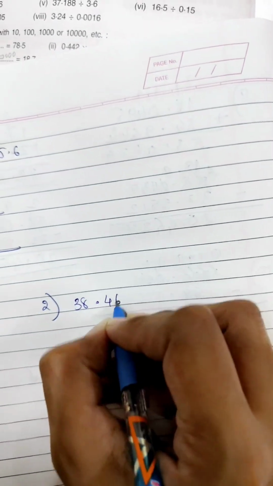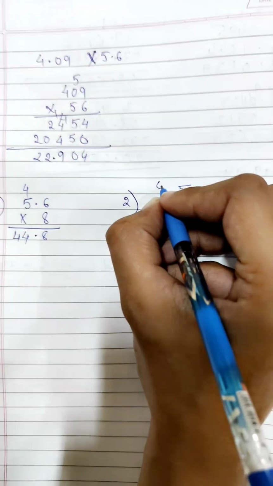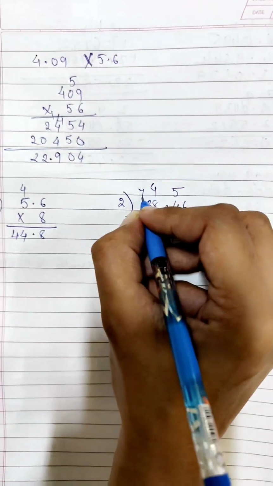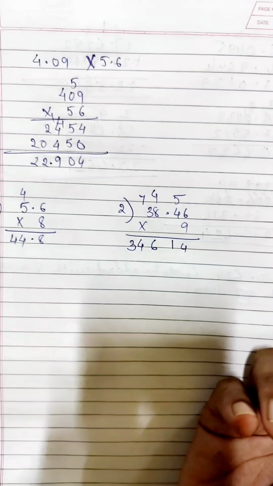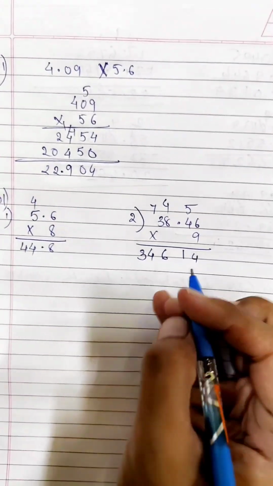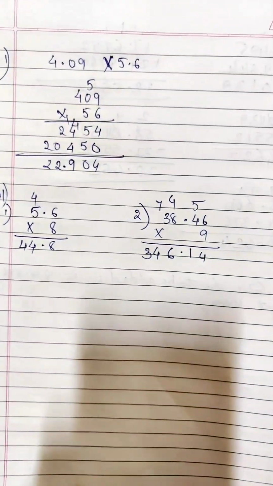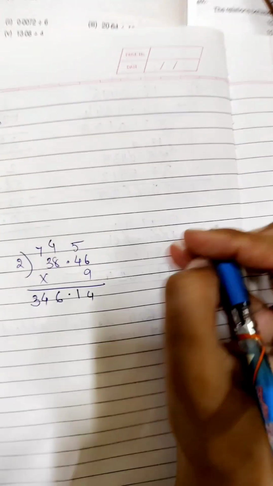Now the second one will be 38.46 into 9. So now this will become 346.14.